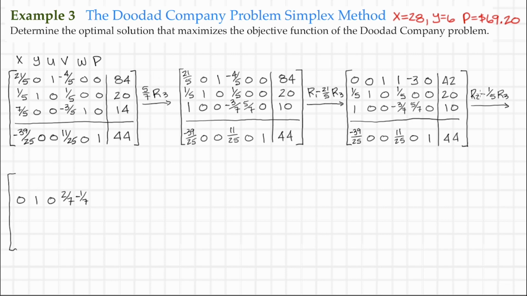Of course, 0 and 0, this is 0. Bring down our vertical bar. 10 times 1/5 is 2, and 20 minus 2 is 18. Close off the matrix, and we fill in the rest.